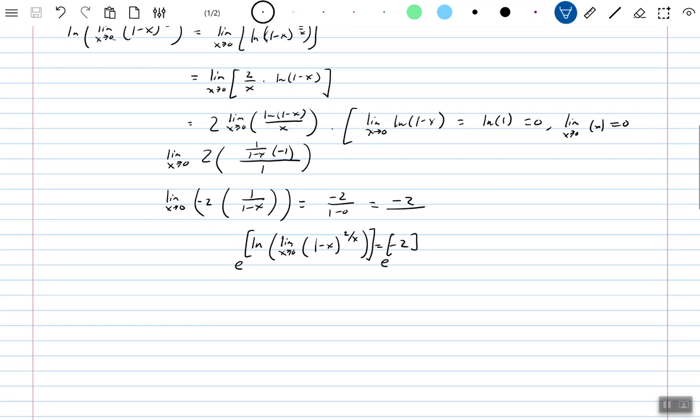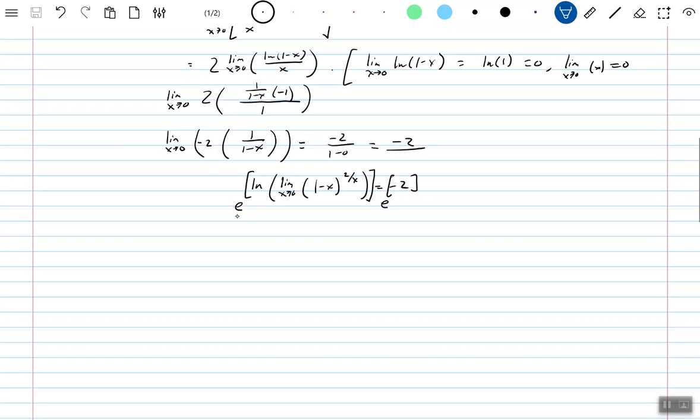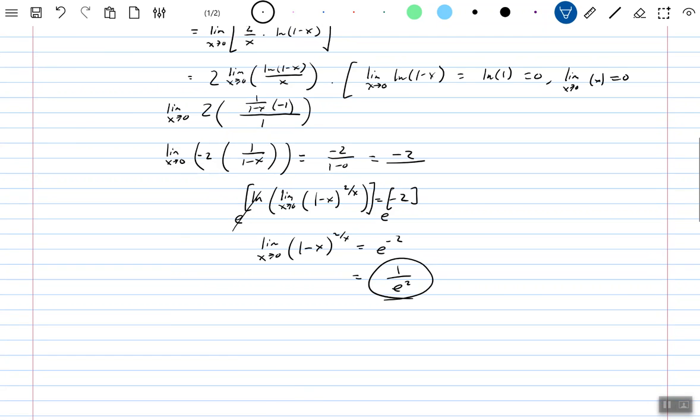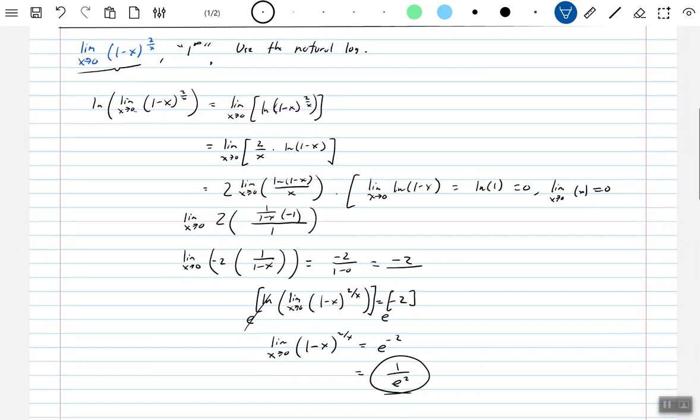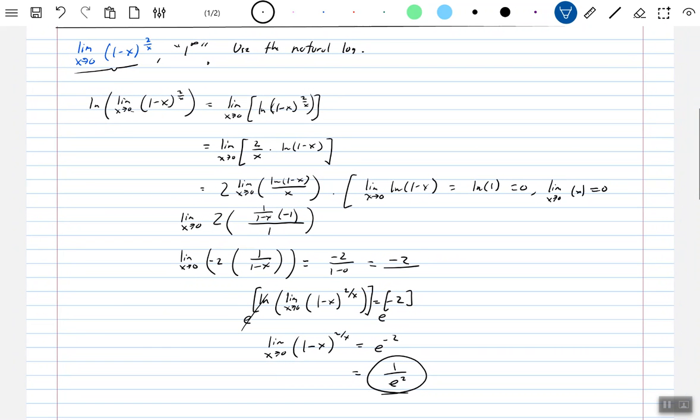So this will cancel out the natural log. So that tells us the limit as x goes to 0 of 1 minus x to the 2 over x is equal to e to the negative 2. But what is e to the negative 2? 1 over e squared.